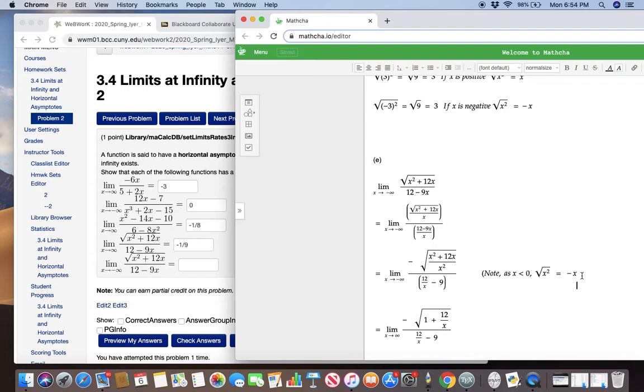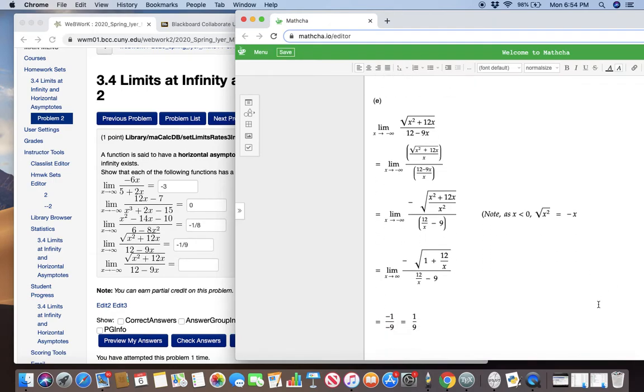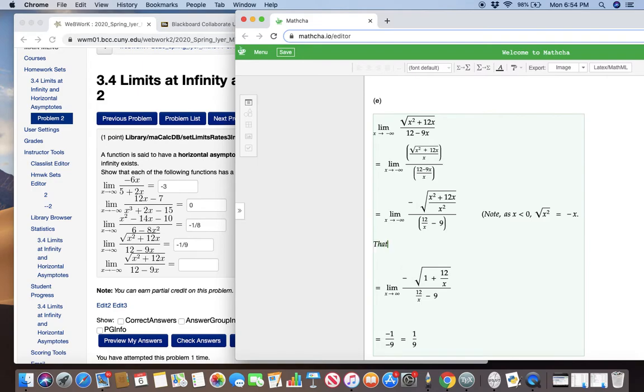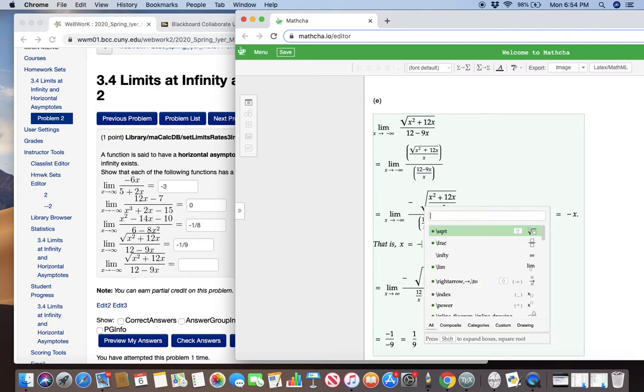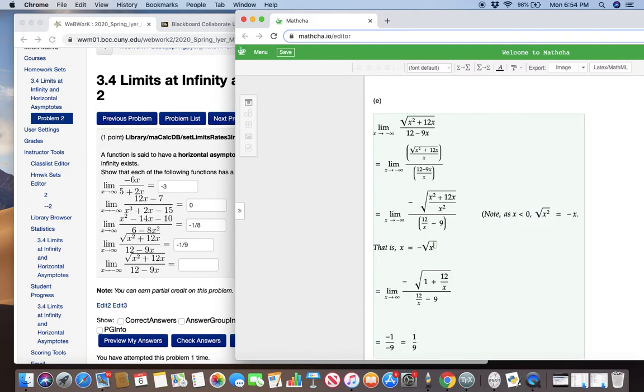In other words, x itself is negative the square root of x to the power 2.